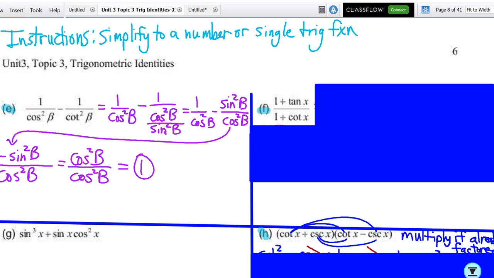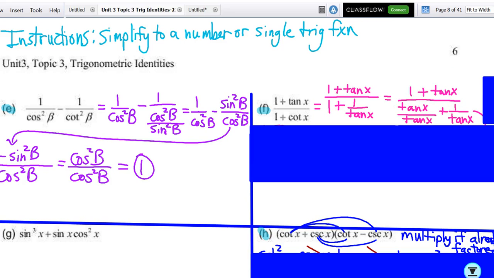Letter F has a single fraction, but it has two trig functions, and we need to get it to one. So for problems like this, I'm going to try to get it all to tan, at least in the very beginning. And the way I'm going to do that is I'm going to use the reciprocal identity for cotan x as 1 over tan x.